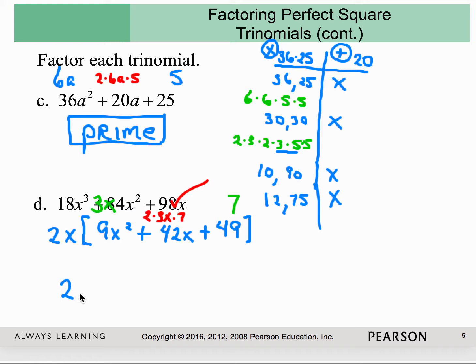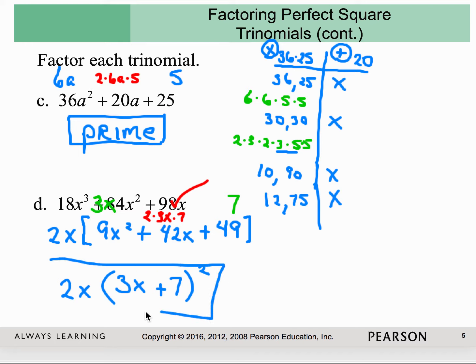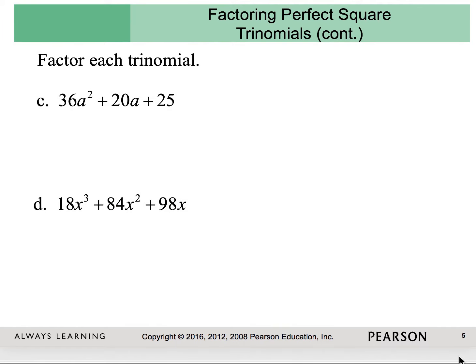I've already got this factor, don't forget. I'm just factoring this. And so I know it's going to be this because it's a perfect square trinomial. The first term is 3x, the last term is 7, and a plus sign in the middle. So, a handy shortcut there.